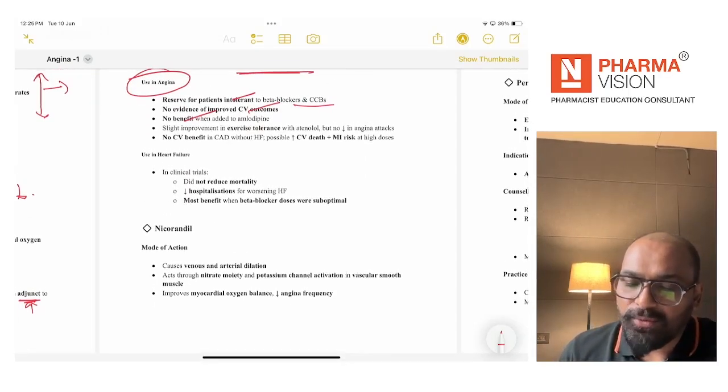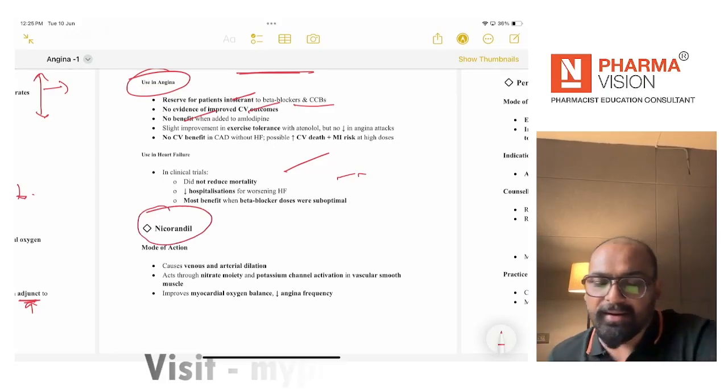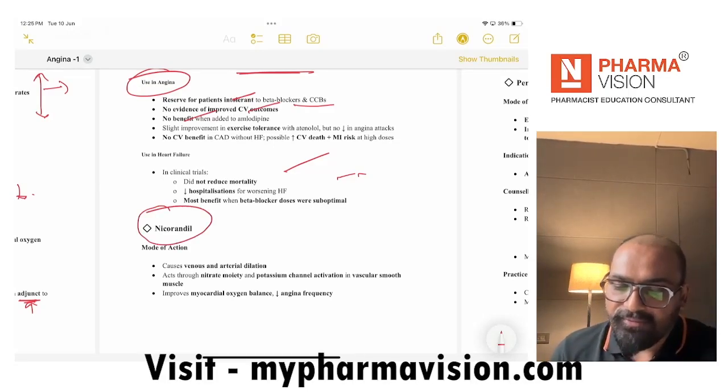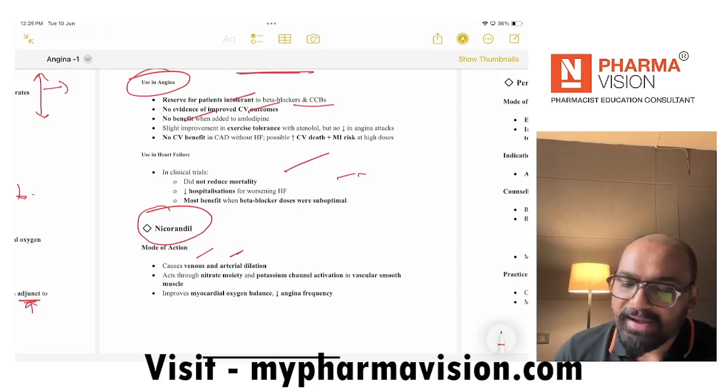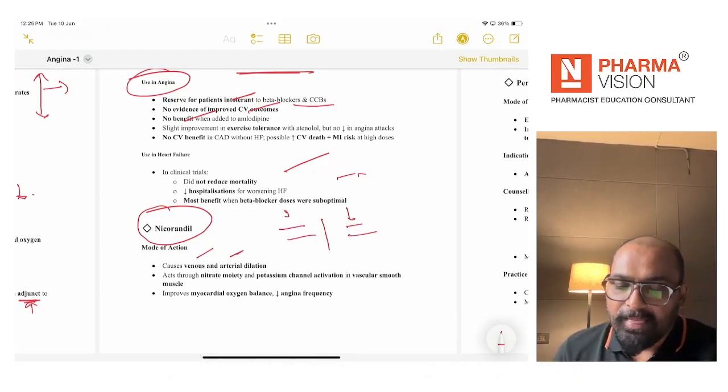Use in heart failure, already we have discussed this part. When we are talking about nicorandil, it is venous and artery dilation. That means preload and afterload reduction. Nitrate moiety and potassium channel activation. That's why vascular smooth muscle dilation is the main part.